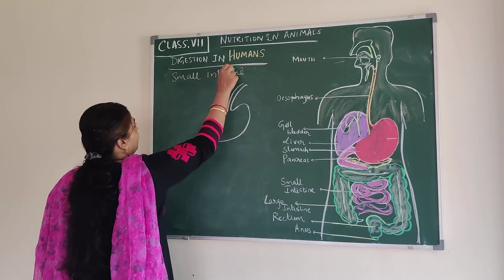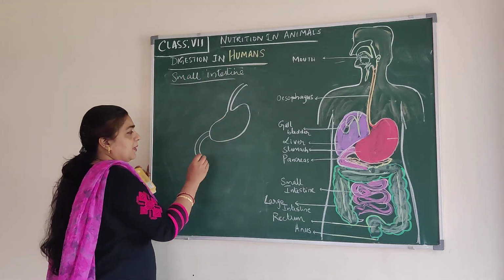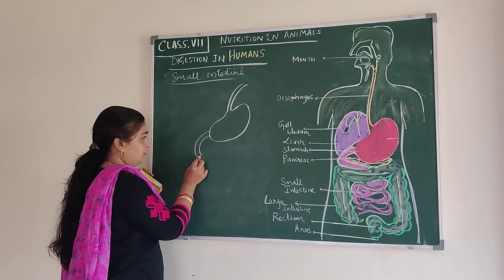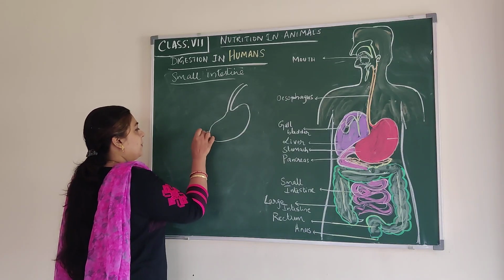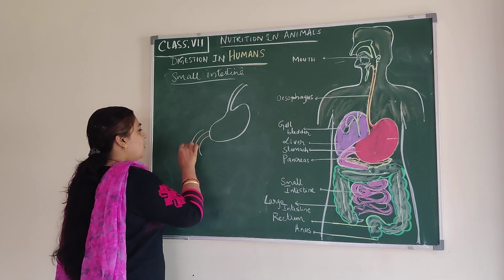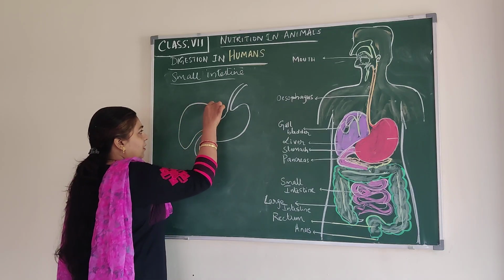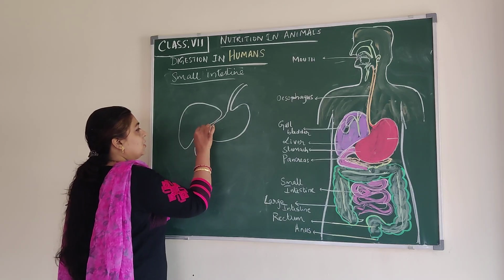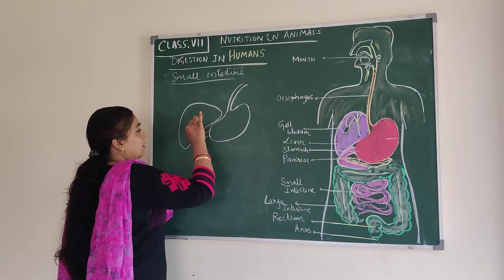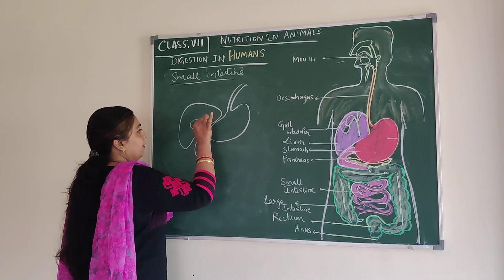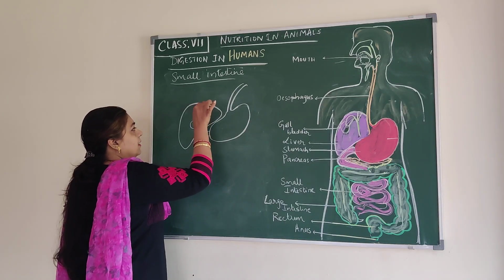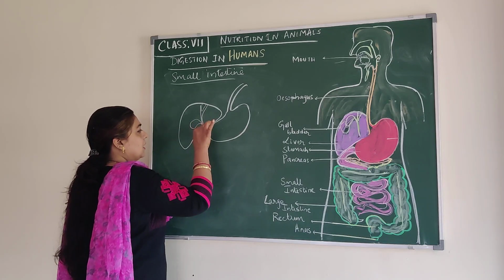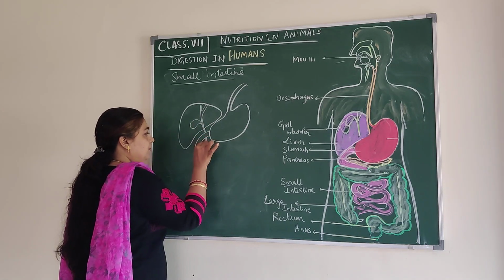After the food is properly mixed with all the juices, it will be sent to the first part of the small intestine. And here in the small intestine, we find one reddish brown organ or gland.